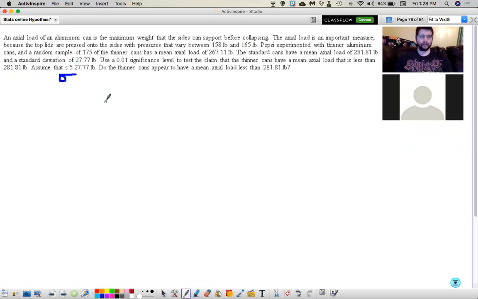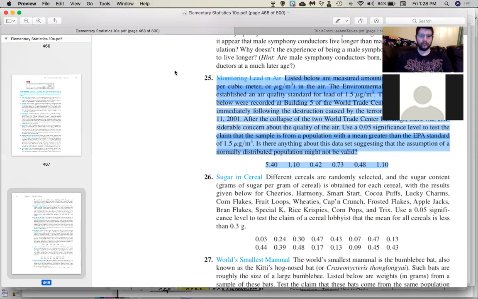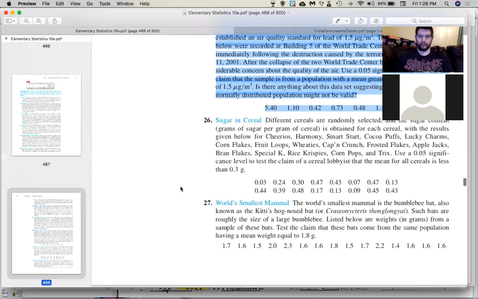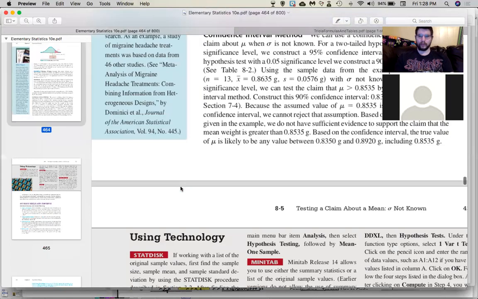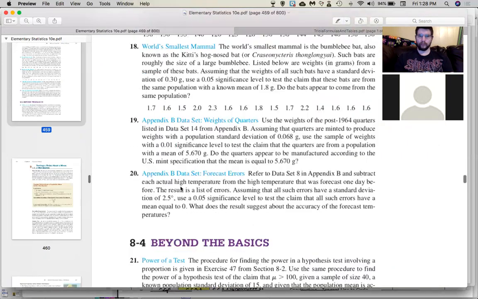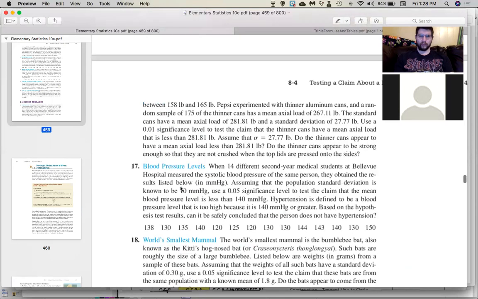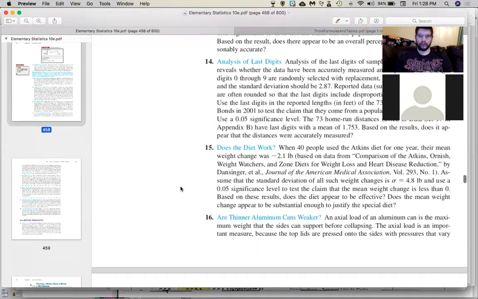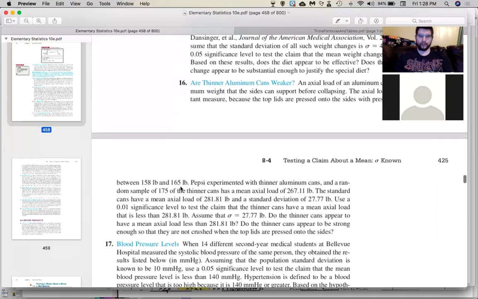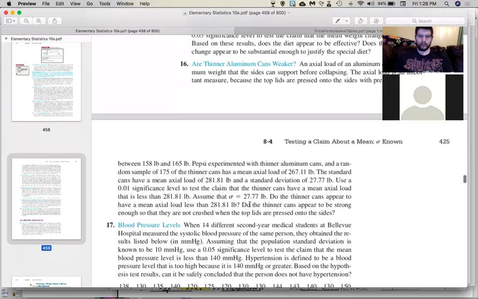Let me go look. So, yeah. Let's see if we can find it. Thinner cans weaker. Yeah. Do thinner cans.